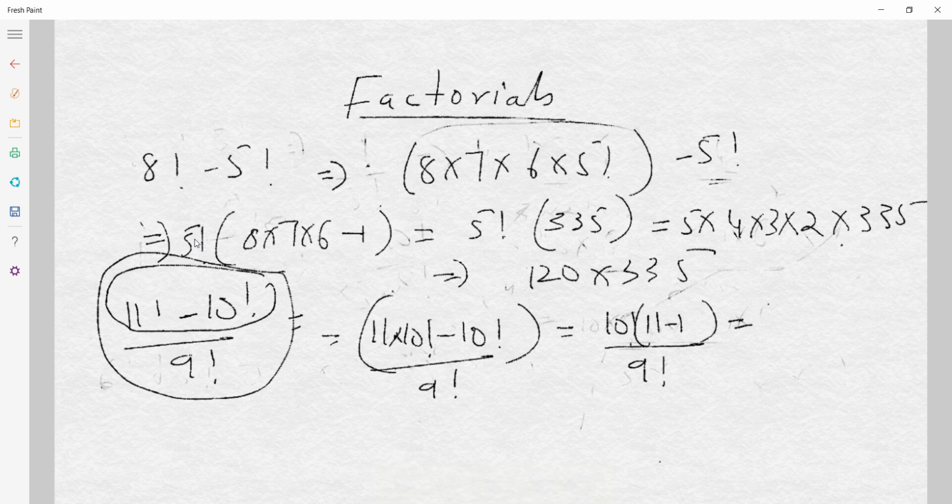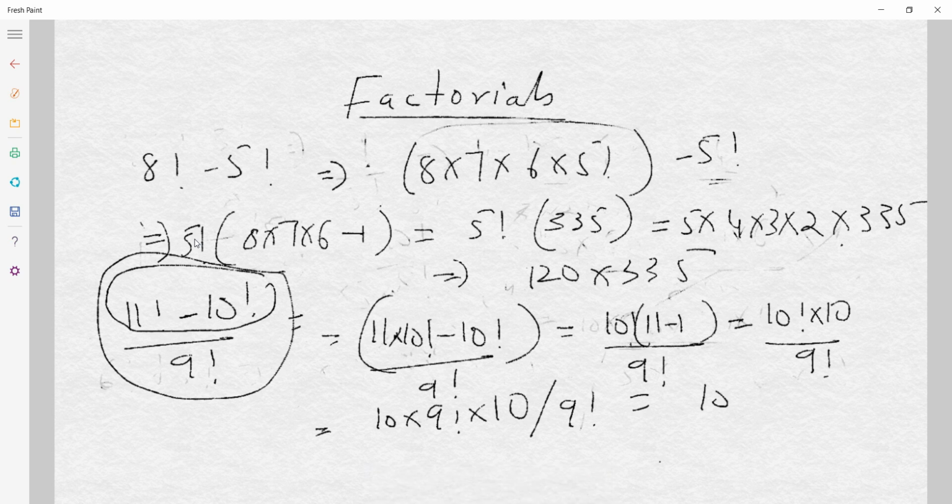So this will be 10 factorial times 10 over 9 factorial. So this will be equal to 10 times 9 factorial times 10 divided by 9 factorial, which equals 100, right? Because the 9 factorial cancels out. So this is a pretty easy example, right?